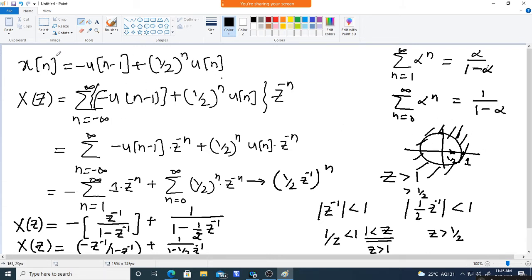So for this case this will be the ROC. And if you take minus 1 here, it will go from minus infinity to minus 1. In that case the ROC will be between half and 1. I have already done that problem in earlier classes and the regular class, that's why I took this problem.